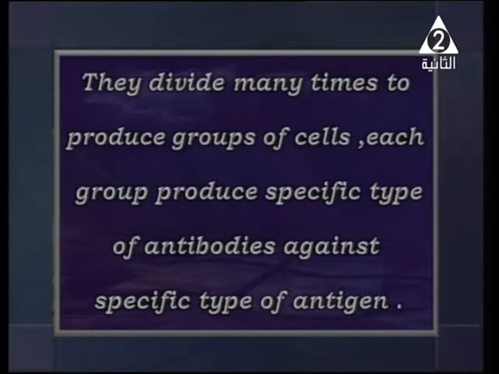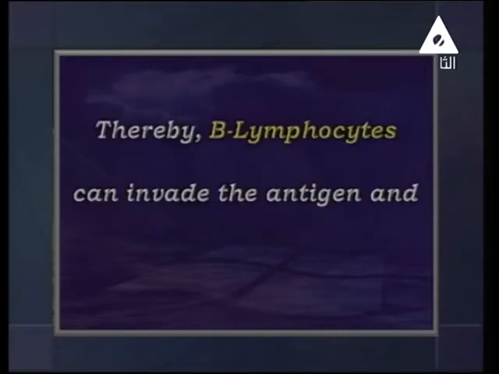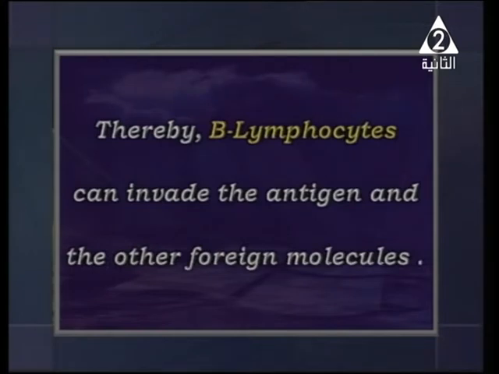Each group produces a definite type of antibodies against a specific type of antigen. Each antigen has its own antibody and so on. But what else? The B lymphocytes can invade the antigen, and the other foreign molecules can also invade them.